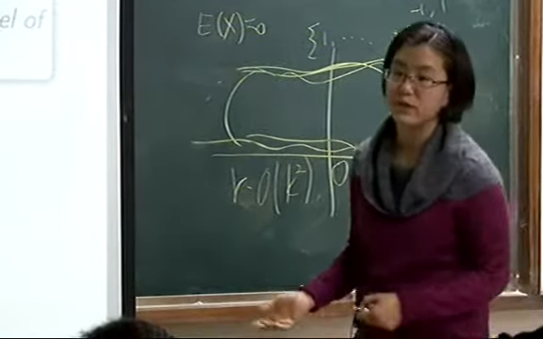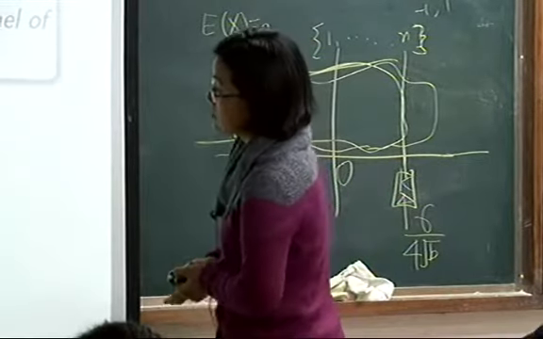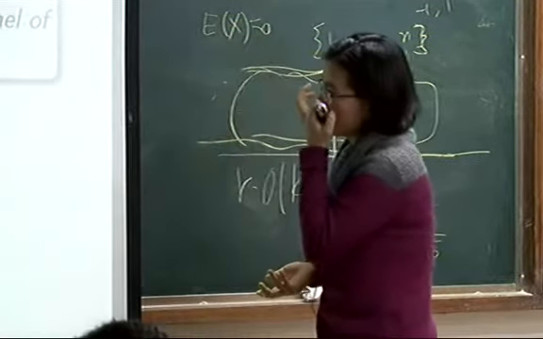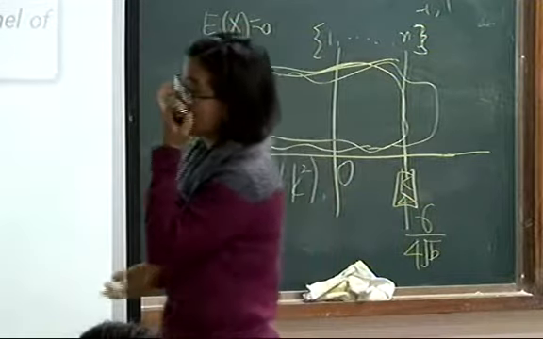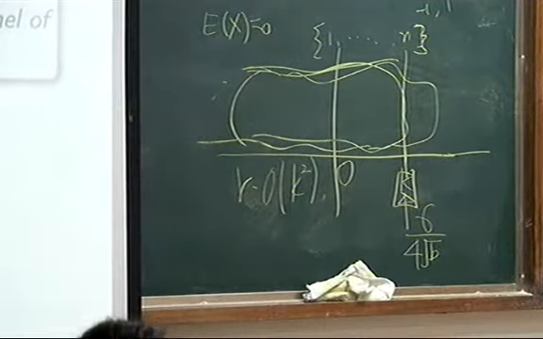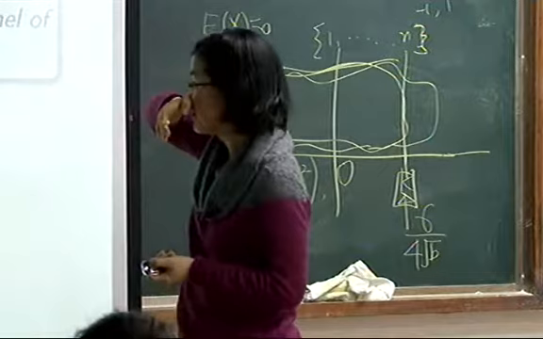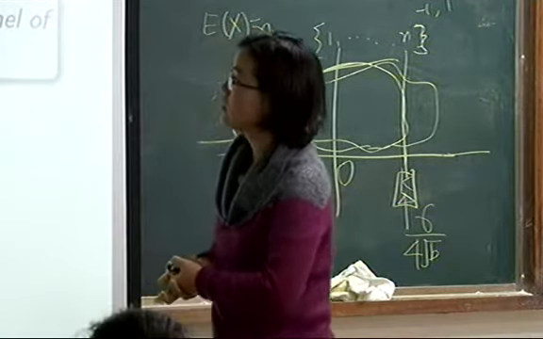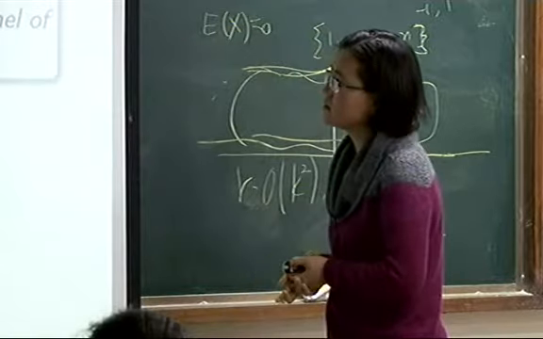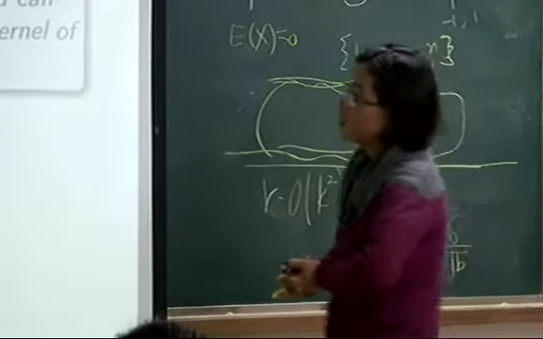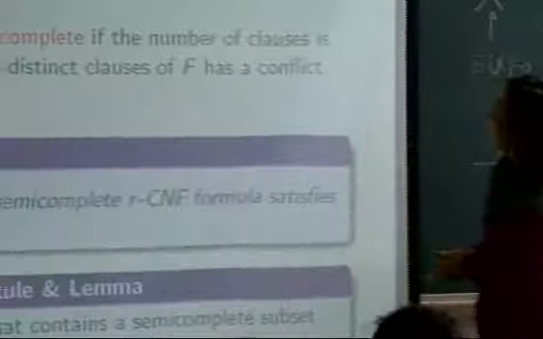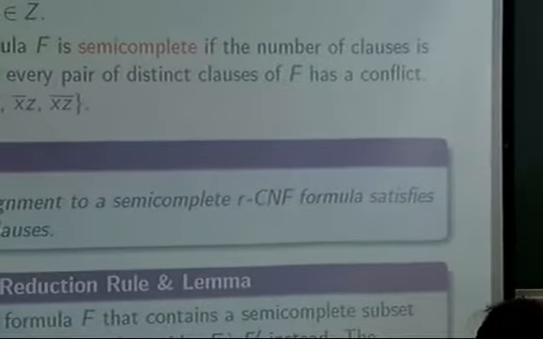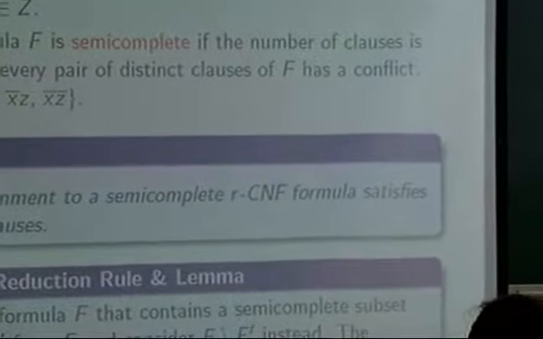But actually, we can do better than that. So that basically establishes that our satisfiability problem is fixed parameter tractable. Okay, we have like 20 minutes. So this is a result for general R. But if you restrict R equal to 2, then we can do much better.